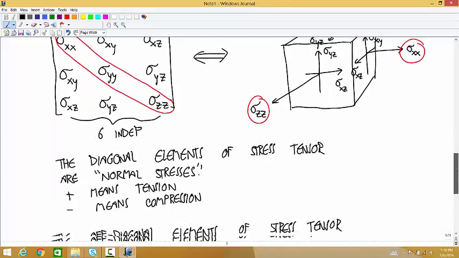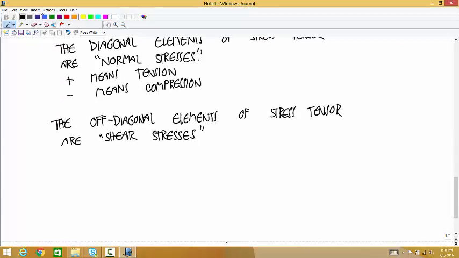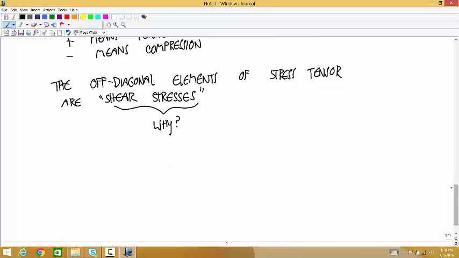And that name comes from the fact that, so why are they called that? If you imagine taking a set of shears, so there's the material you're looking at.